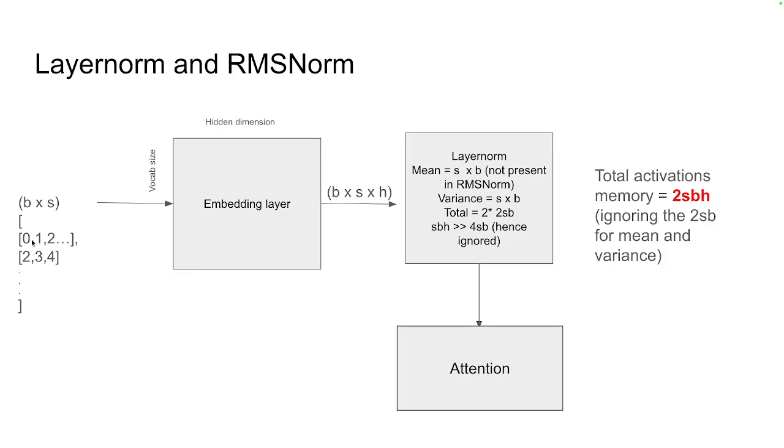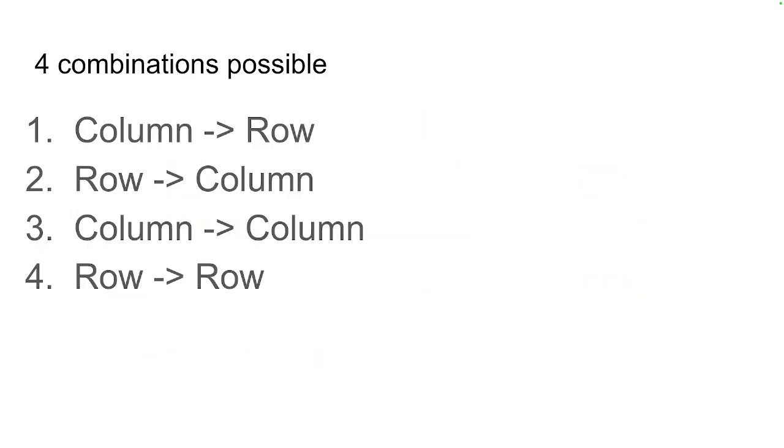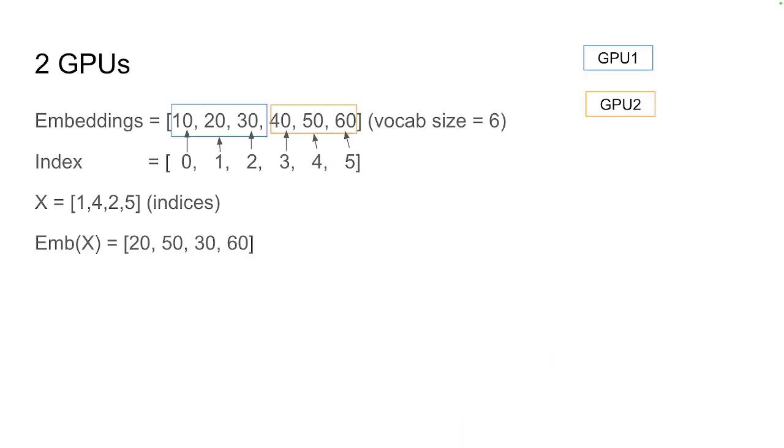Based on whatever token IDs you have, you block out those rows, and you build your batch, sequence length, and hidden dimension matrix. So embedding layers are basically a lookup table for having a representation for each token in your vocabulary. Let's see how we can adapt tensor parallelism in embedding layers.